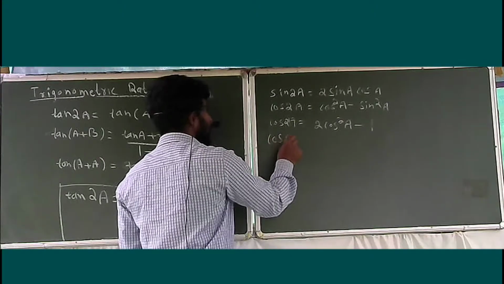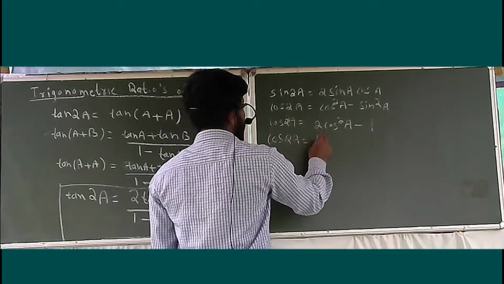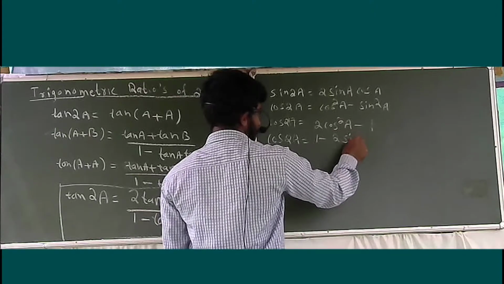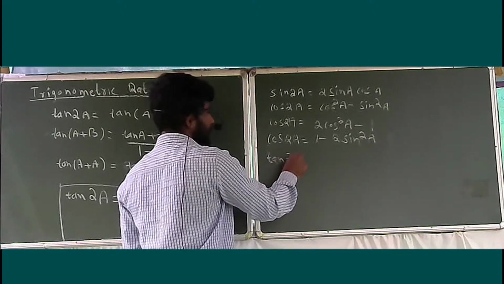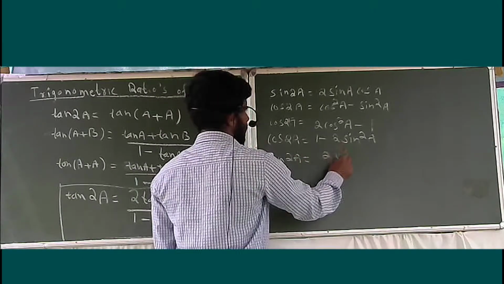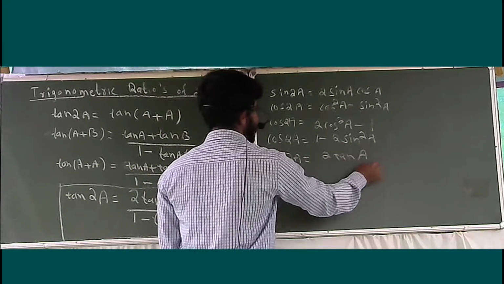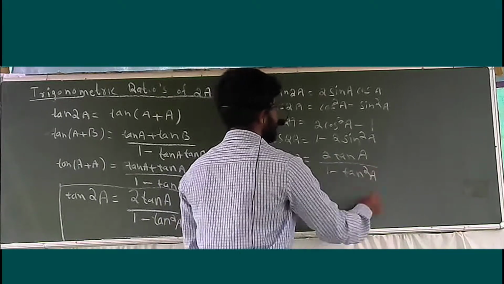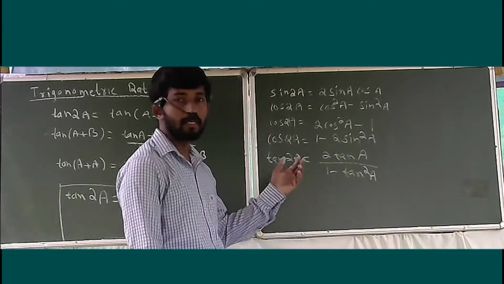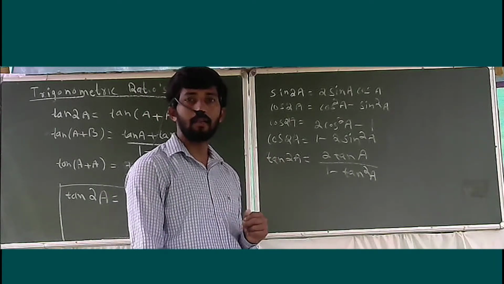Also cos 2A can be written as 1 minus 2 sin square A, and tan 2A is equal to 2 tan A divided by 1 minus tan square A. These are some important formulas under trigonometric ratios of angle 2A.